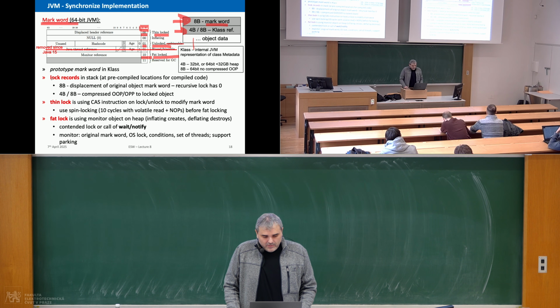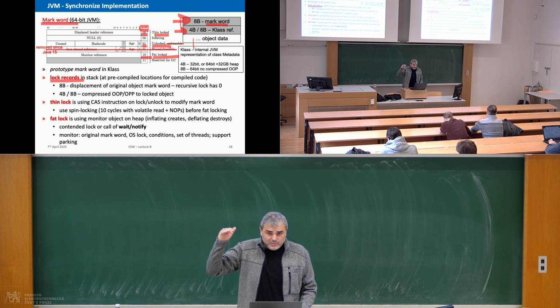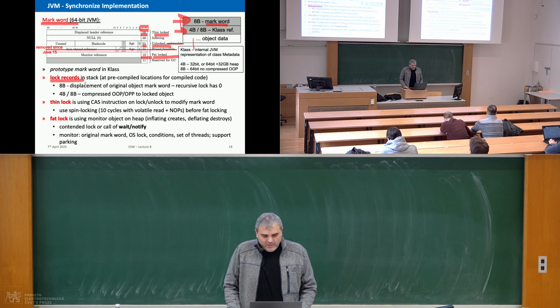There are also some lock records in a stack. Every thread in the Java Virtual Machine has a stack. There are frames. Inside the frame for a method which has the synchronized keyword, block or method-wise, or multiple synchronized, there are predefined locations for every synchronized in that method, where there is a lock record, and that lock record contains the mentioned fields.